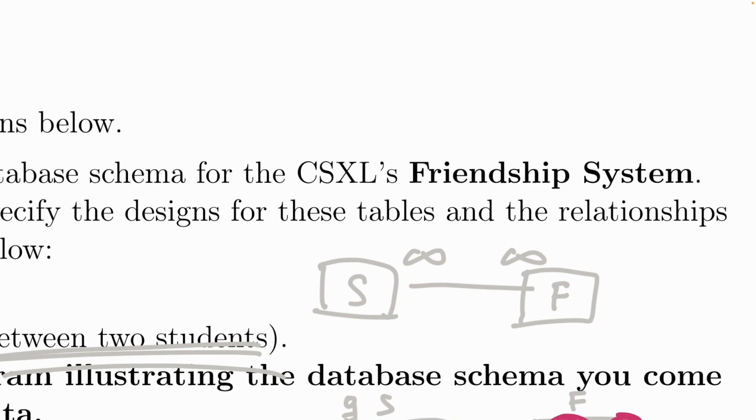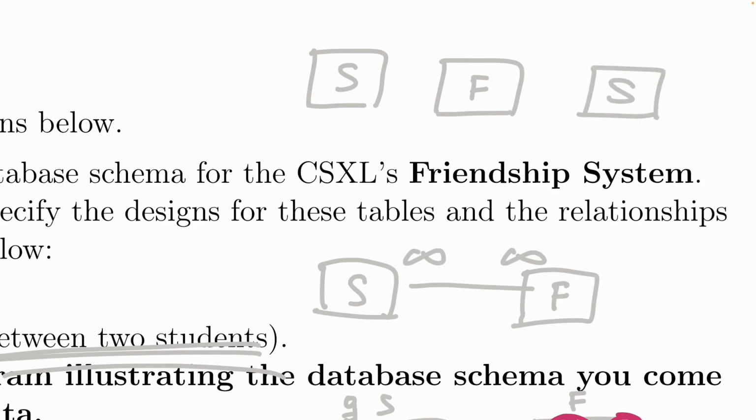You'd ultimately have a student, then your friendship, and then a student again. And so ultimately, you're creating a many-to-many relationship between 2 students via this friendship table, which would be a one-to-many and one-to-many relationship.